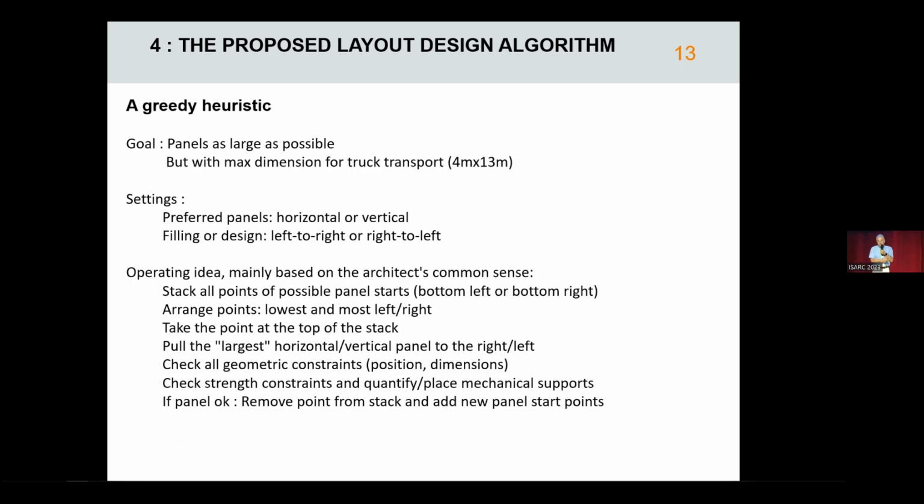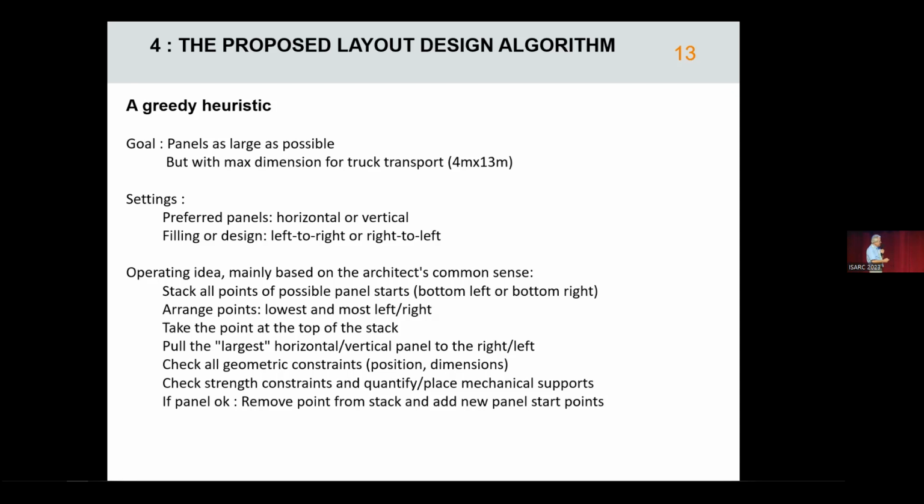So first, we will speak about the greedy heuristic. The goal: panels as large as possible, basically for better energy efficiency. But we have a maximum dimension because the panels should be transported by trucks, and the maximum dimension in Europe is more or less this size.